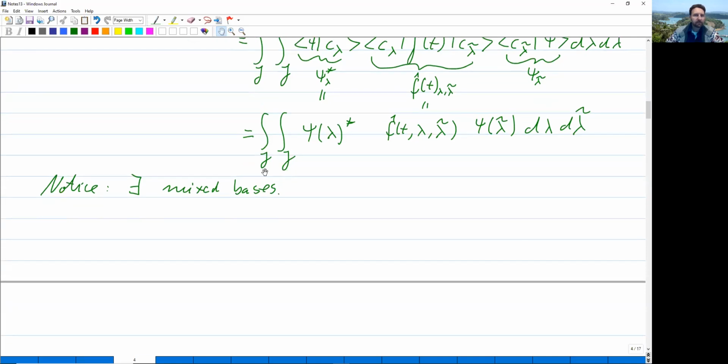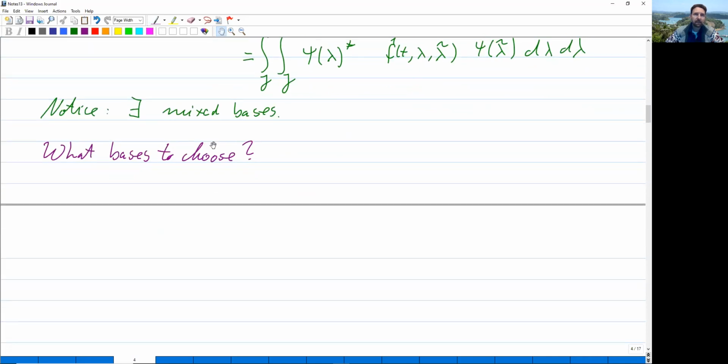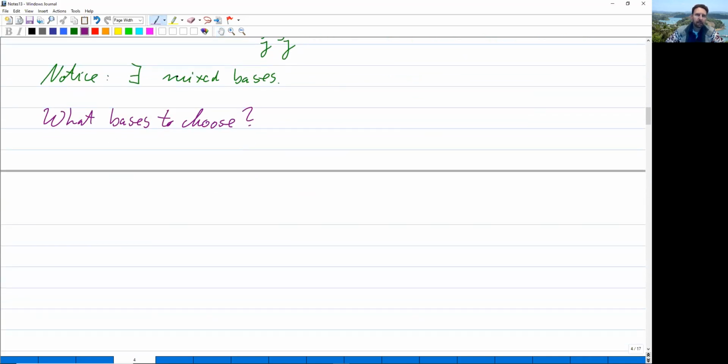So in principle, this is all good and fine, but where do we get these bases from? Is there a method to generate bases? What bases to choose? Are there natural choices? Well, it turns out that yes, there are natural choices for bases.